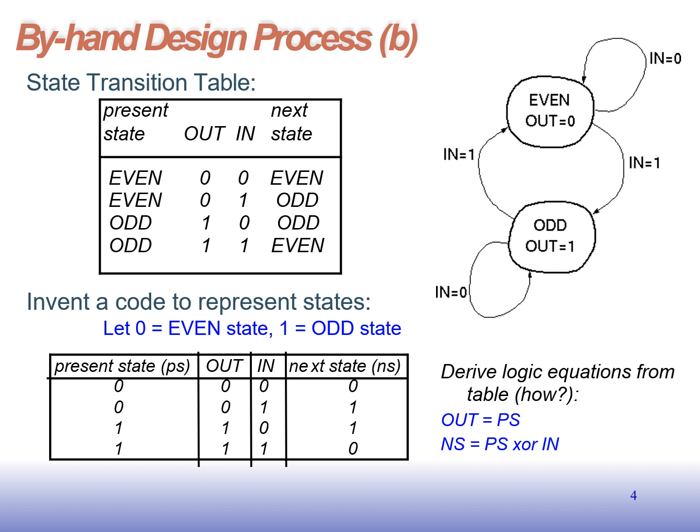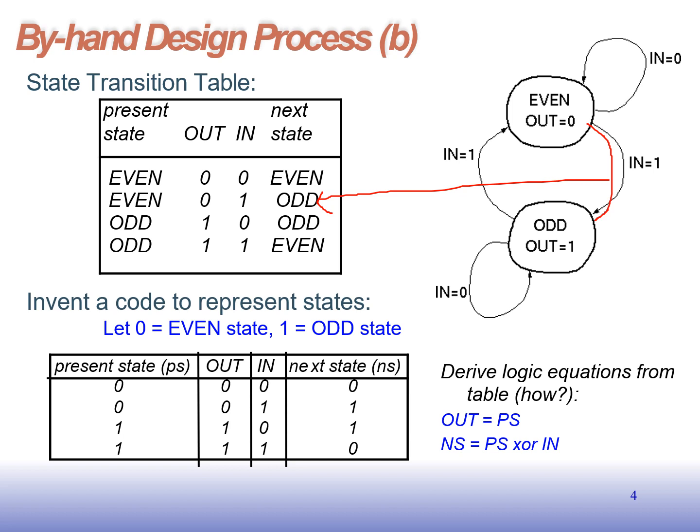The next one: what is the present state? Even. What will be the output? 0. If I give input 1, where will it go? It will go to the next state, so the next state is odd. Similarly, you take the odd state.